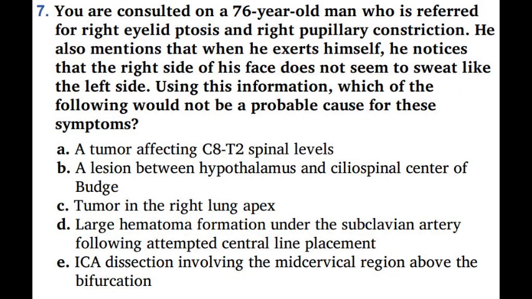A large hematoma formation under the subclavian artery following attempted central line placement is also true, because the second order neuron follows the subclavian before it gets into the neck. So A, B, C, and D are probable causes, while E is not a probable cause.